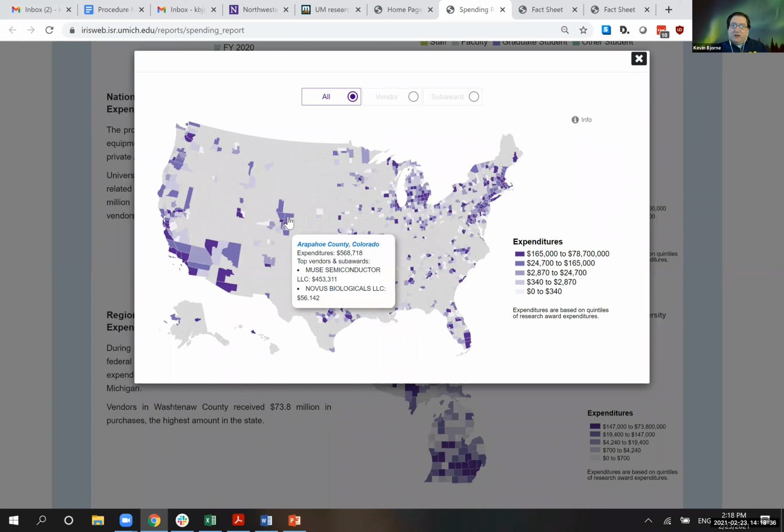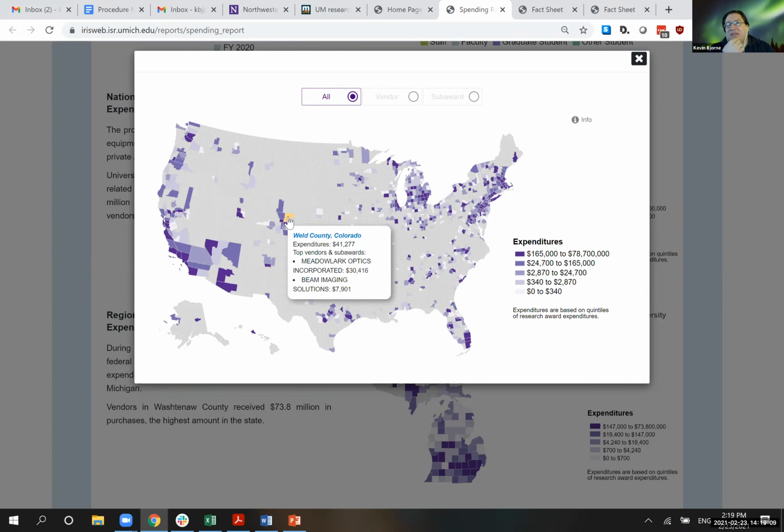And if we mouse over one here, you can see some information. Now, one of the interesting questions is, okay, so we see this Meadowlark Optics Incorporated received funding in Weld County, Colorado. If you're curious what they're doing, we have another tool called the Impact Finder, which you could actually drill down and see what kinds of research are taking place in Weld County and what types of purchases were made with this Meadowlark Optics.